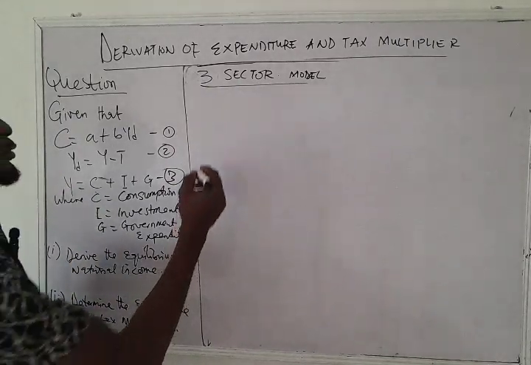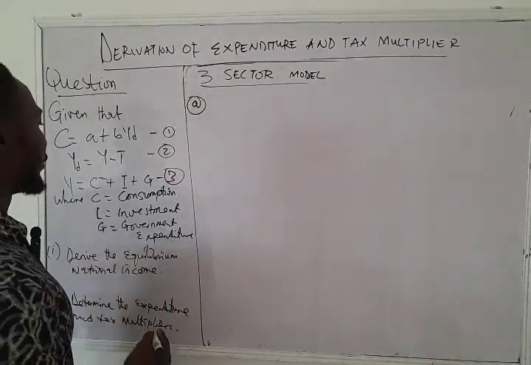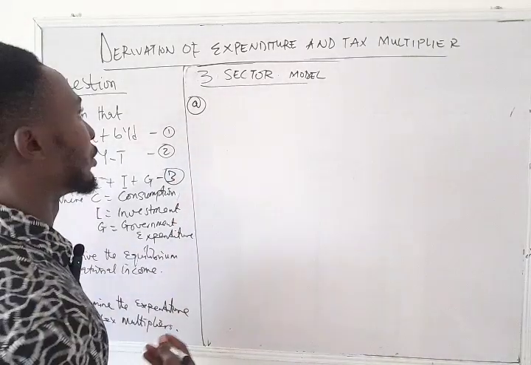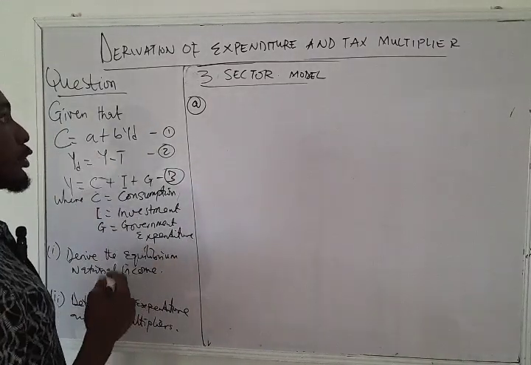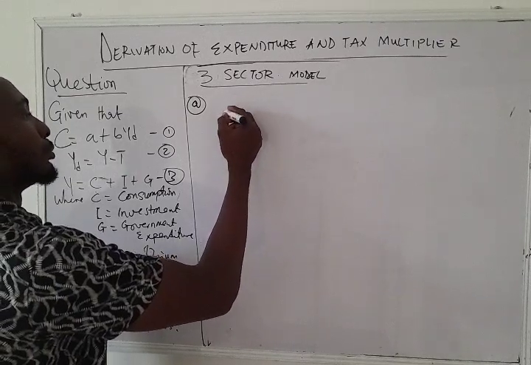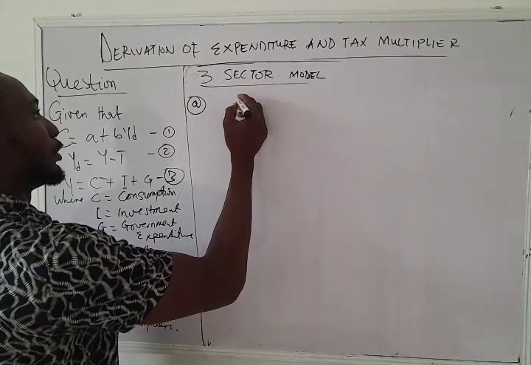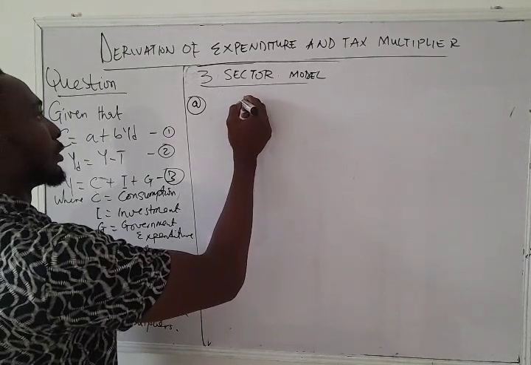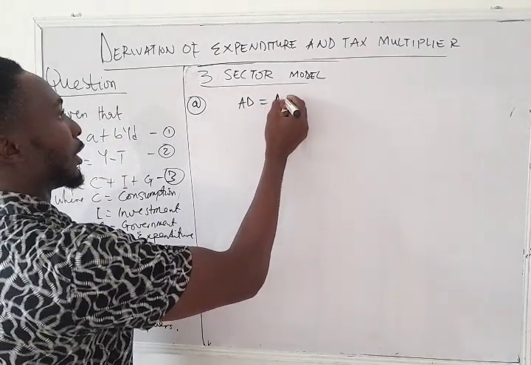So let's begin with the first one here, which is A. We have to derive the equilibrium national income. Now, in order to get the equilibrium national income, in macroeconomic theory, for us to have equilibrium in the macroeconomy, we have to equate aggregate demand to aggregate supply.